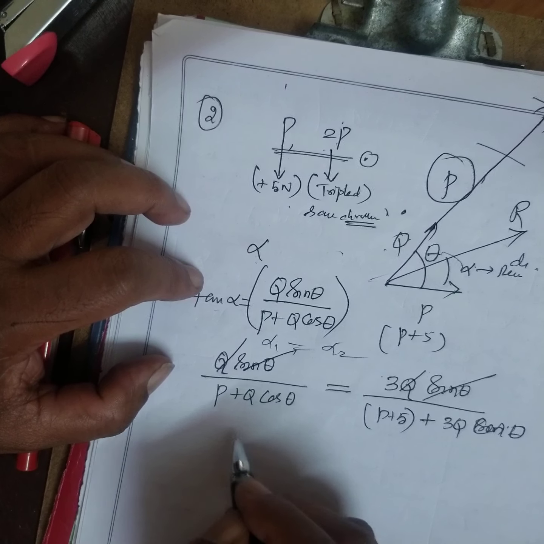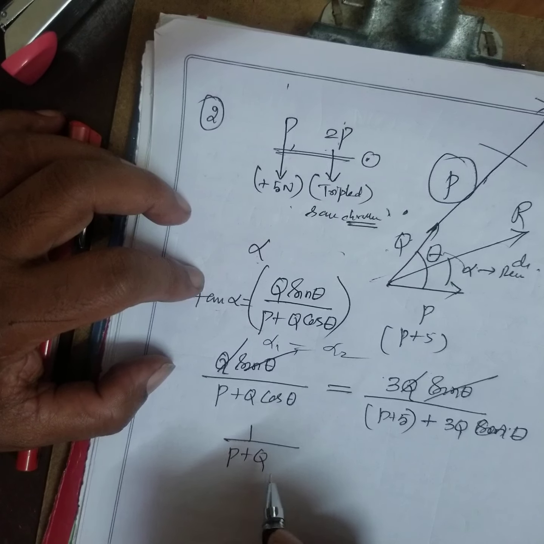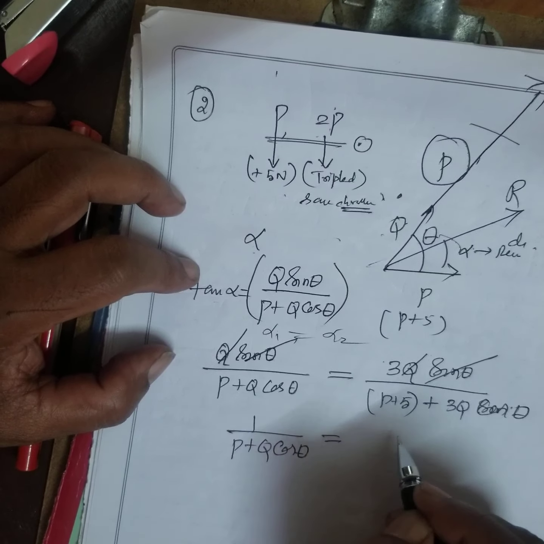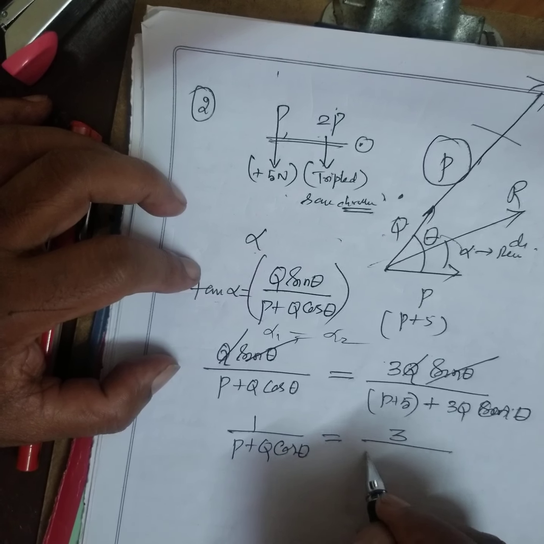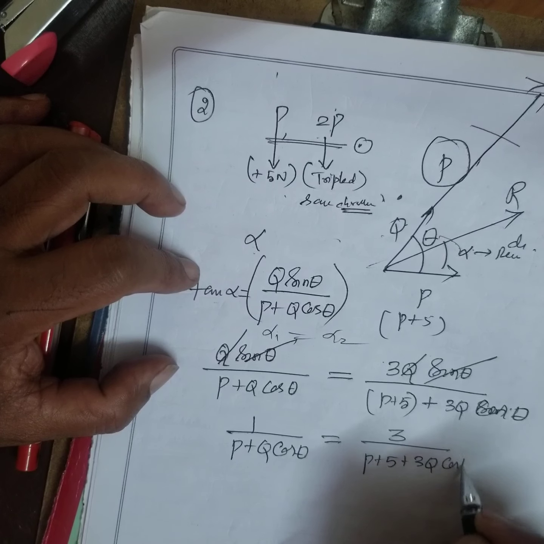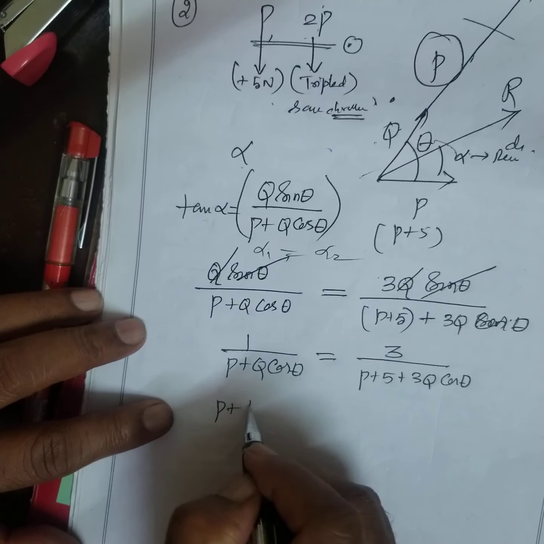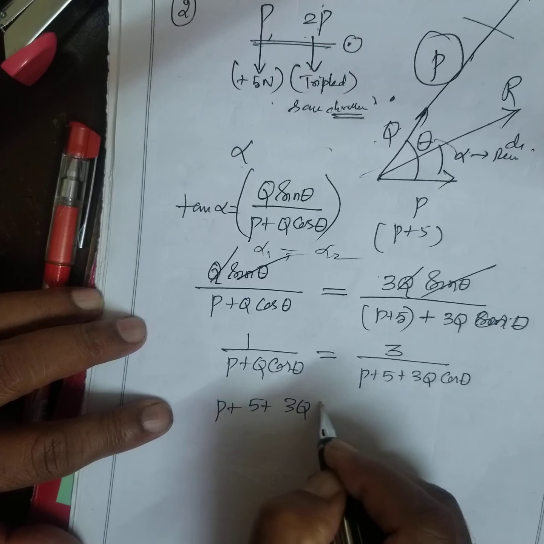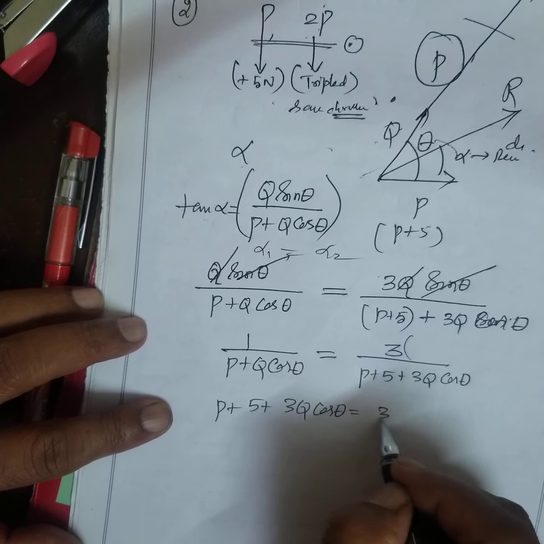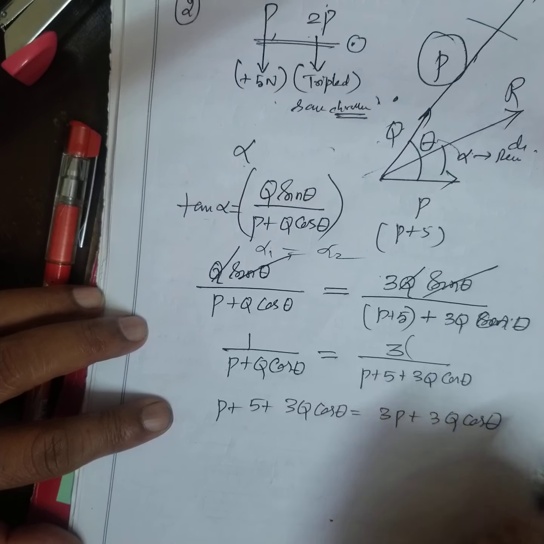As a result, what you will get is 1 by P plus Q cos theta is equal to 3 divided by P plus 5 plus 3Q cos theta. Cross multiply: P plus 5 plus 3Q cos theta is equal to 3P plus 3Q cos theta.